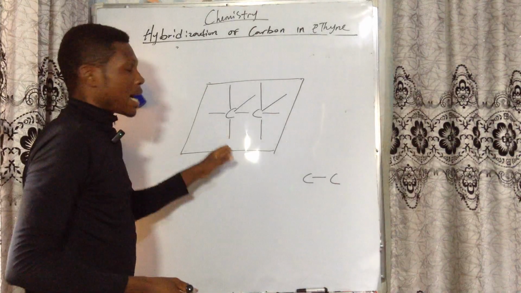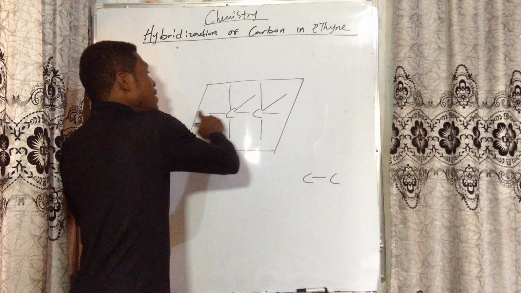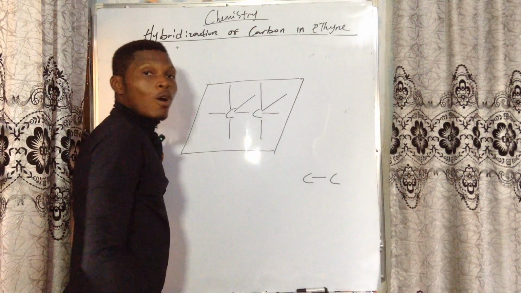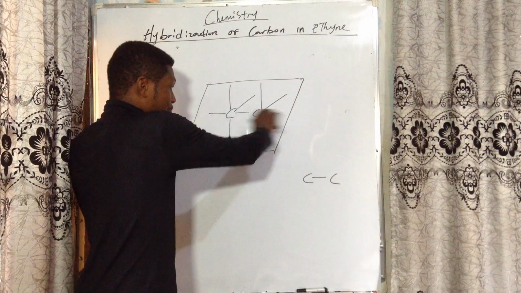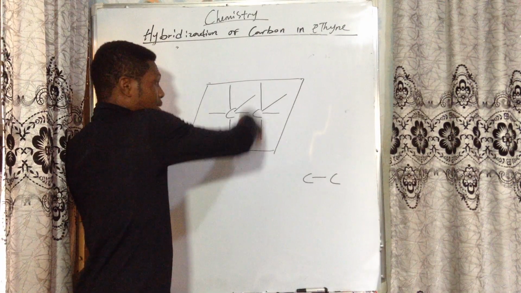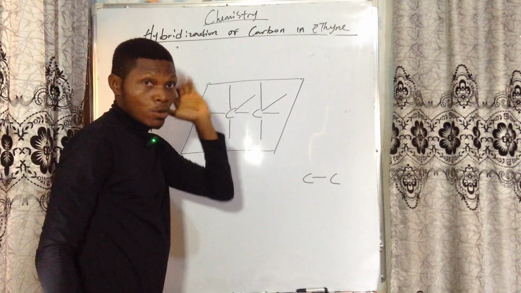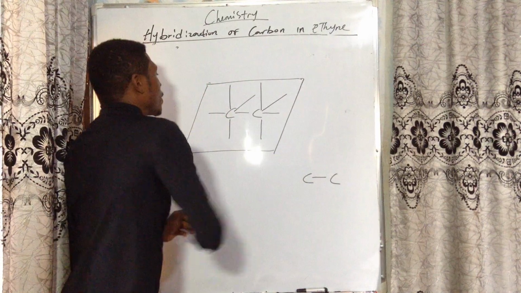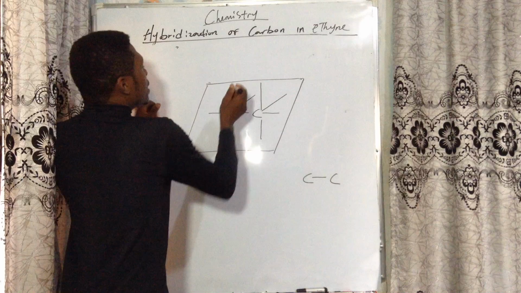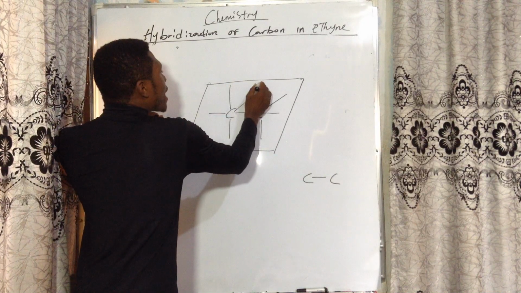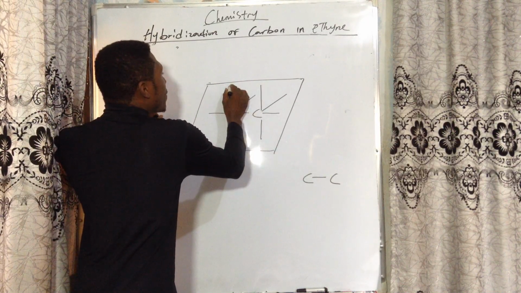This is the axis of the hybrid orbital. These other axes are the axes of the unhybridized p orbitals. Now these two orbitals will form a pi bond.